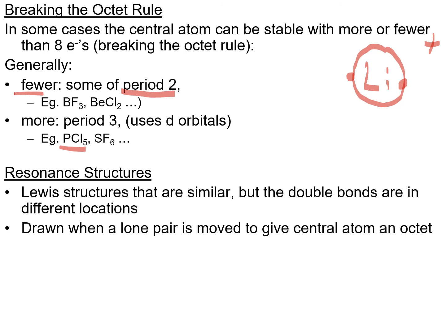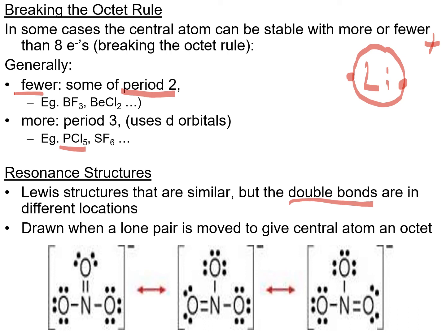As we mentioned earlier, resonance structures is where the double bonds could be in one place or the other, and there's no reason to prefer one over the other. And so they're actually able to exist in either one of those places, or they're able to resonate between those two places. So here's an example of that.